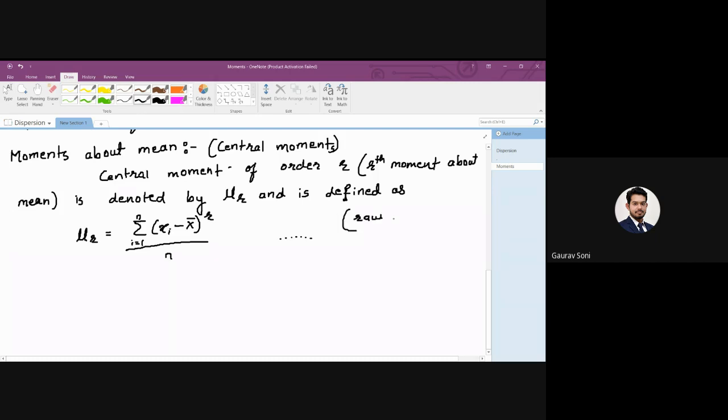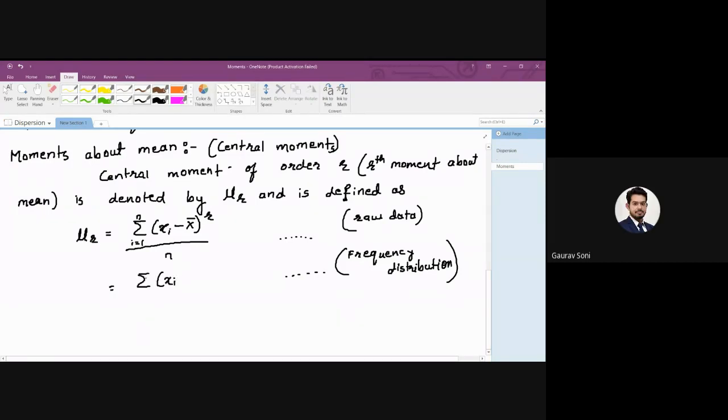This will be the formula for the raw data, right? If there is a frequency distribution, then can you modify the formula? Yes. Summation fi, xi minus x bar whole raised to r, upon summation fi, where i is running from 1 to n.